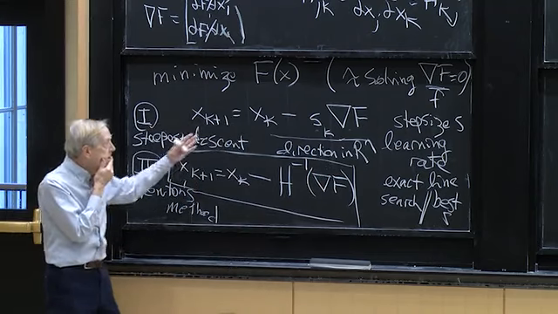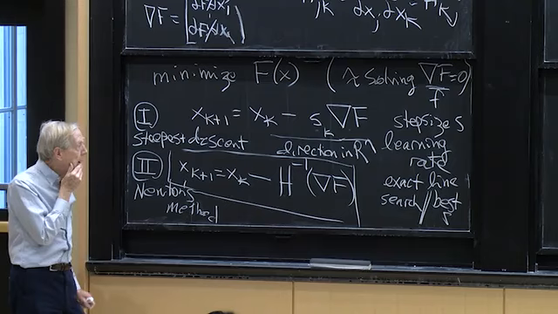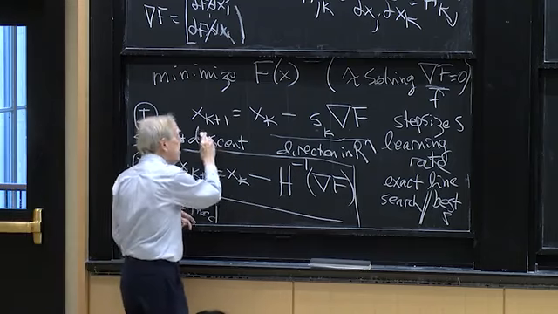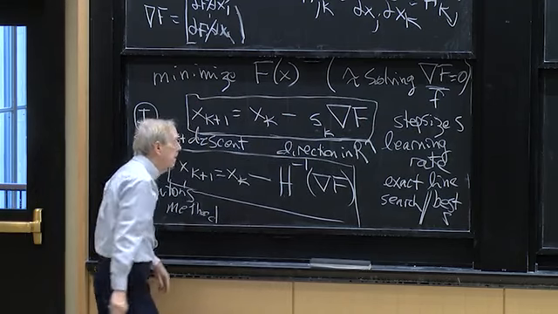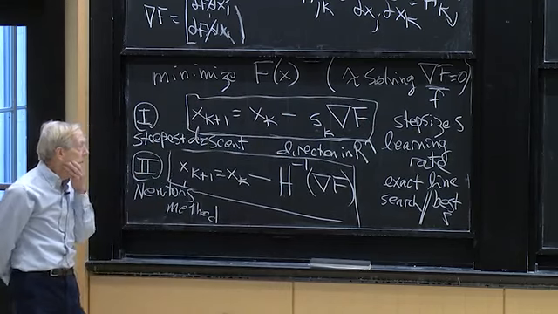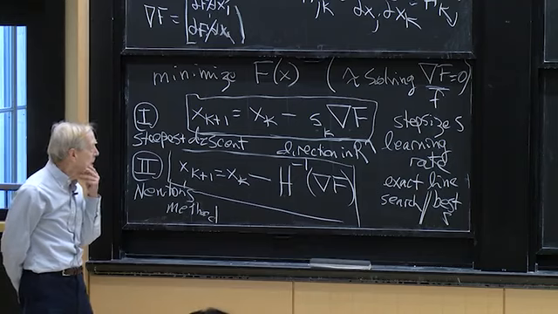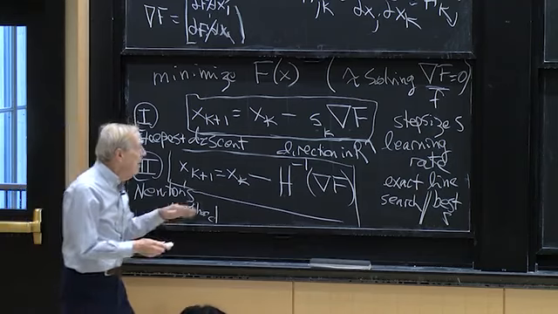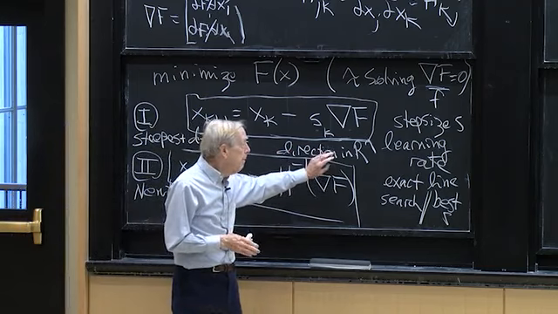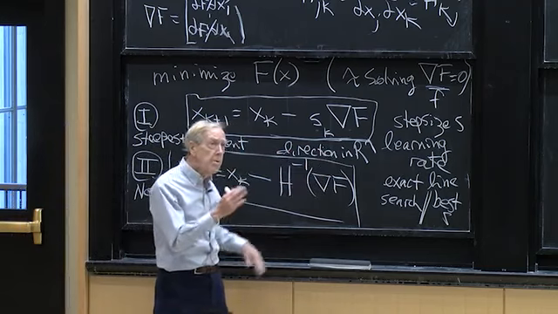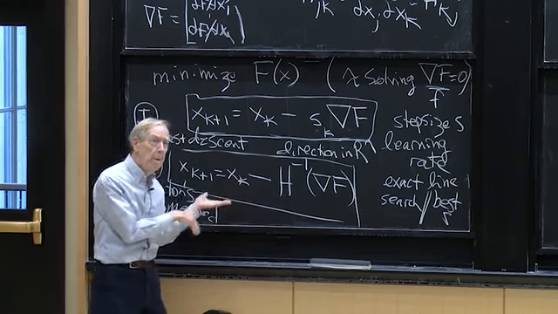Okay. And so this is the basic formula that we build on for really large scale problems. And there are methods, of course, people are going to come up with methods that are sort of a cheap Newton's method.